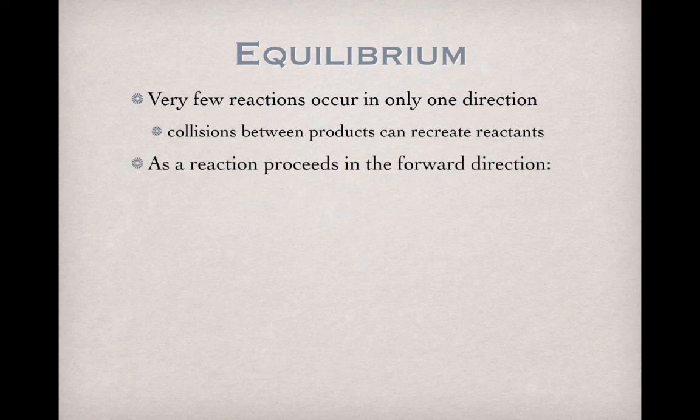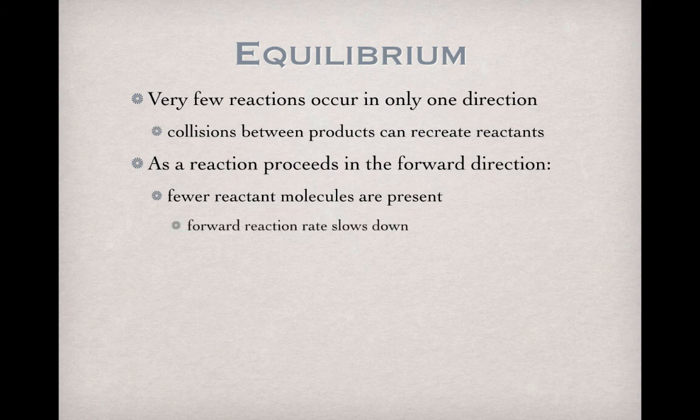So as a reaction moves in the forward direction, what happens? If we start with just reactants, those reactants react, forming products, and as a result we have fewer reactant molecules present, and so, as we've seen, the forward reaction rate slows down.